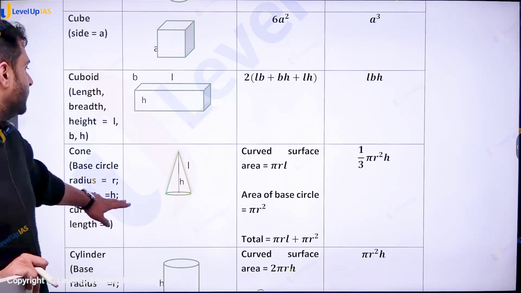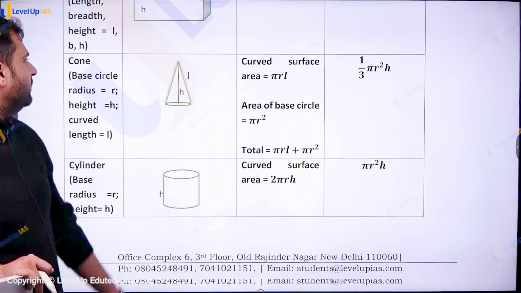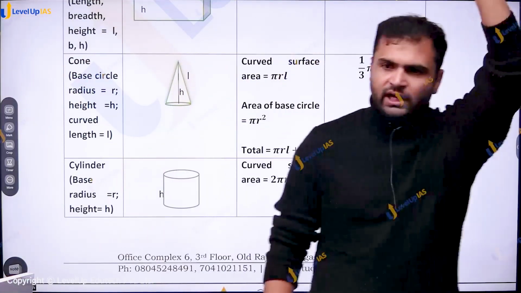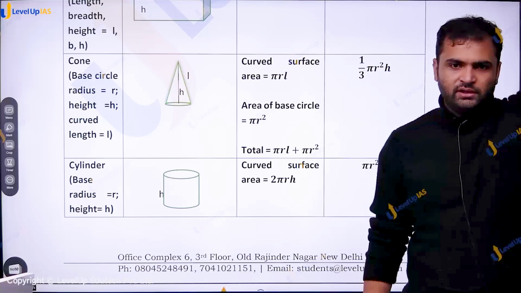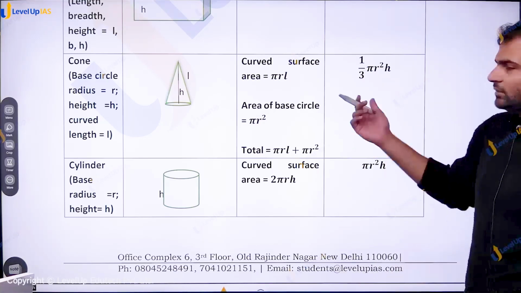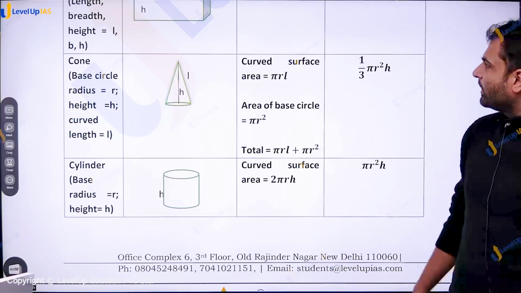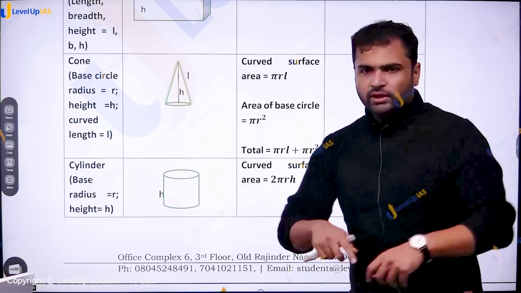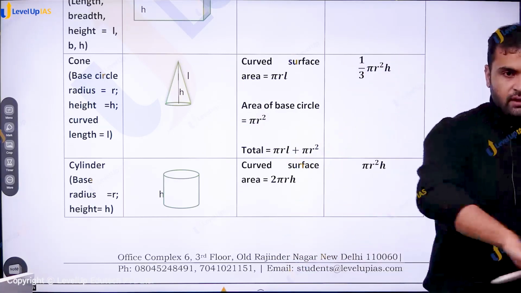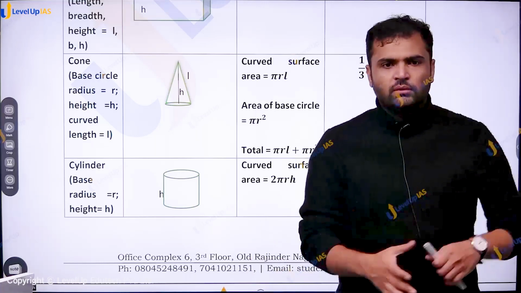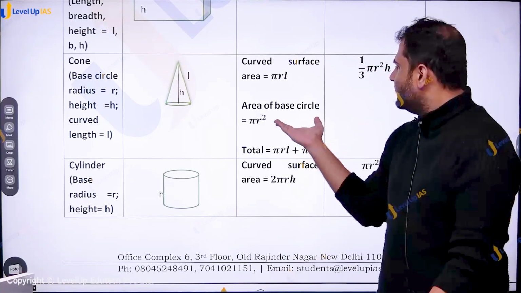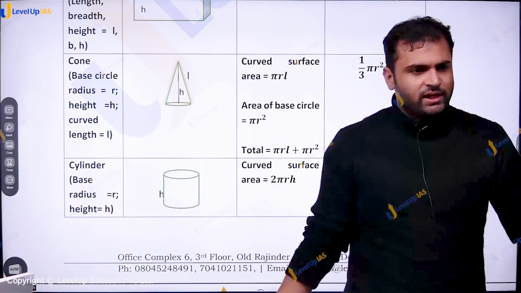Then we have cone. You can imagine your birthday caps, the caps you wear on birthdays, that is a conical shape. So for a cone, we can have a curved surface area, and if you have a circle at the bottom as well, its area would be area of base circle, pi r square.